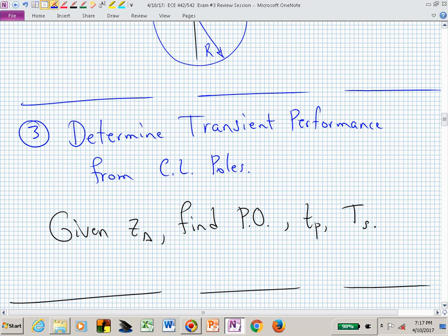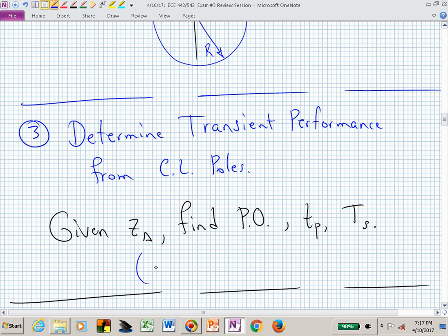But all of those are then connected to this next possibility, which is, can you determine percent overshoot, settling time, and peak time given z delta? So if I now say, oh, here's a k value, you should be able to find your closed loop poles. Once you have your closed loop poles, can you from those locations extract a percent overshoot, peak time, and settling time?